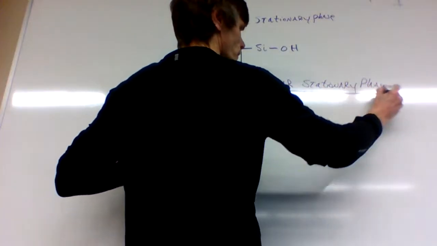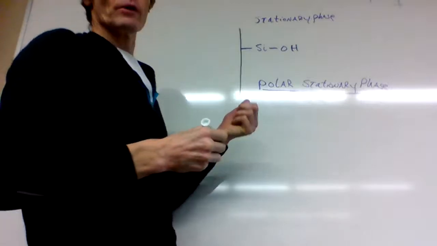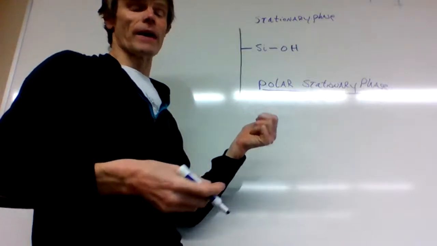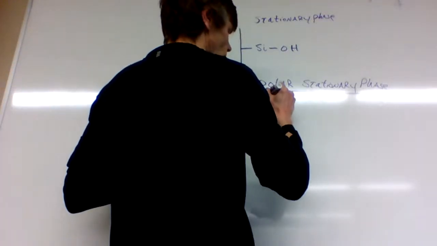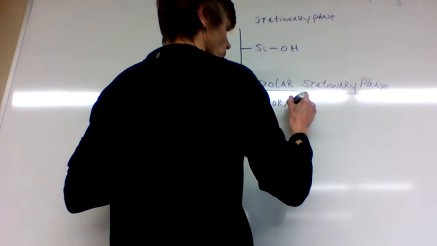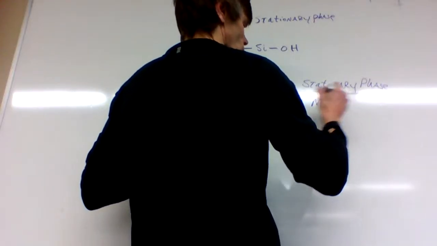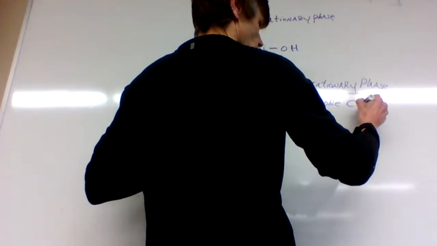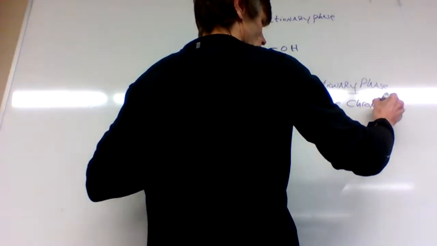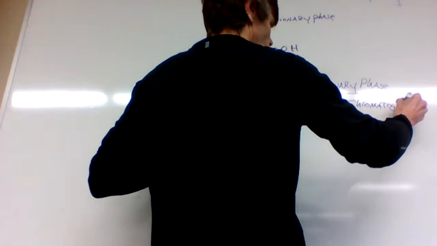Polar stationary phase. And this is what we would have in normal phase chromatography. Normal mode, I'm sorry. So this is normal mode chromatography. Normal mode, or as we sometimes say, normal phase.